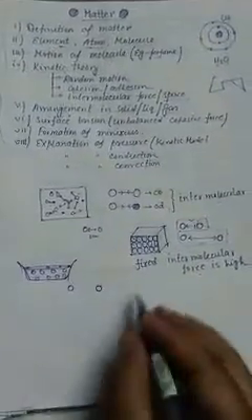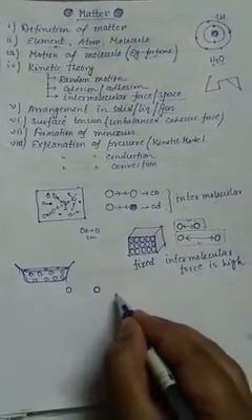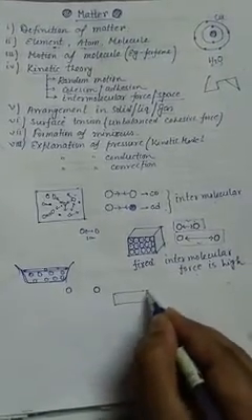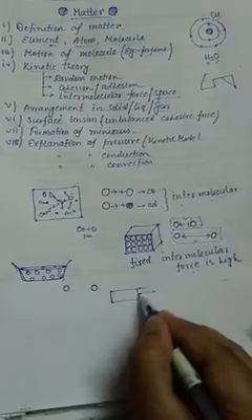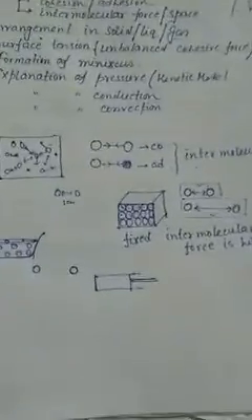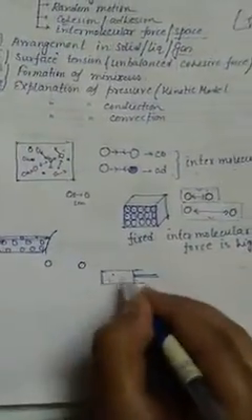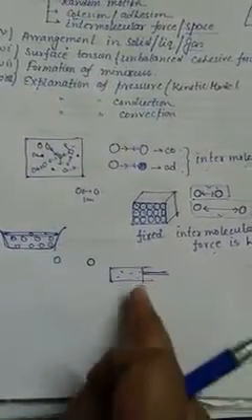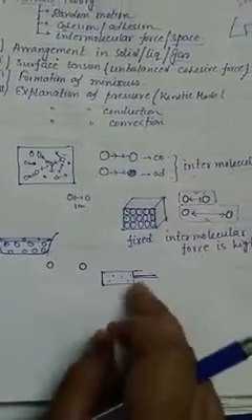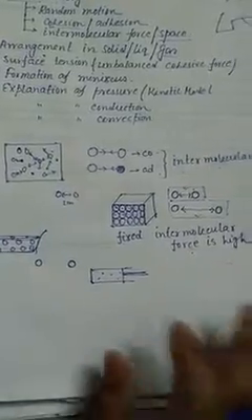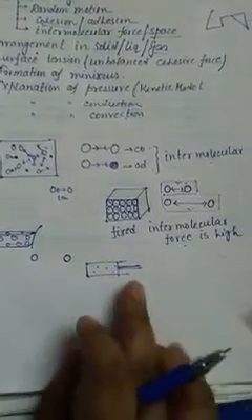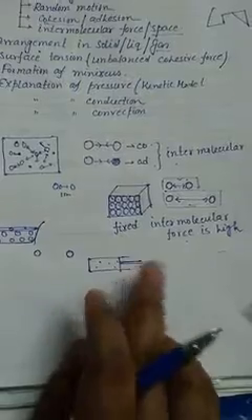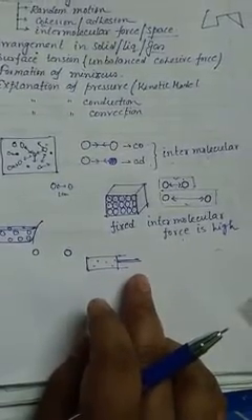If you talk about gas, let's say the gas is in a container, in this type of container, and some gas molecules are here. In the case of gas, the intermolecular distances are greatest. That means the gas molecules can have the highest intermolecular space.